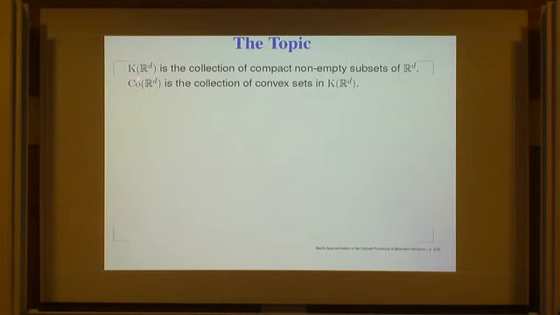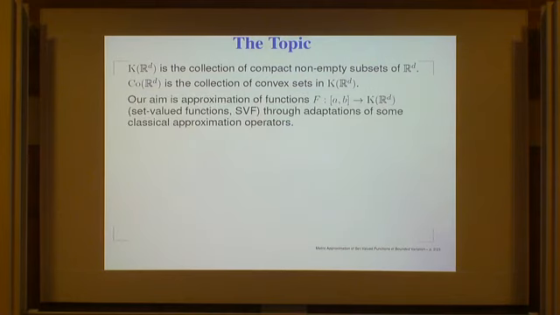So I will denote the set of convex compact sets by this symbol, compact of R^d, and we consider functions defined, say, on a compact interval [a,b] for one variable. Well, let's restrict our attention to one variable, and the images are compact sets in R^d.